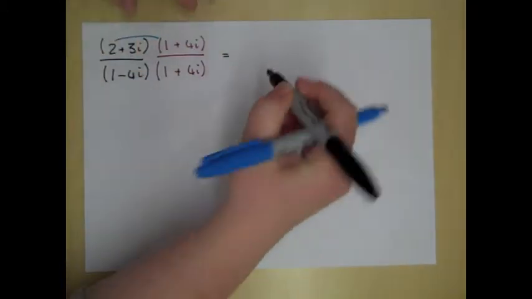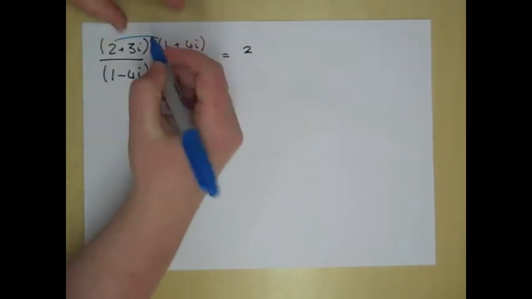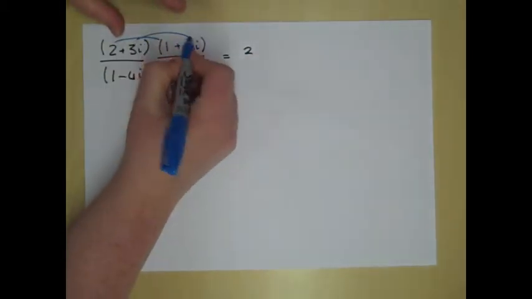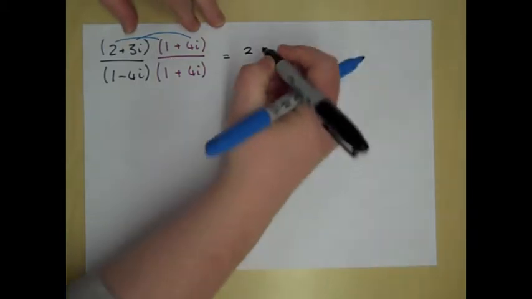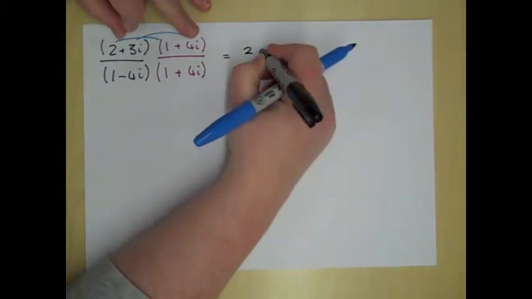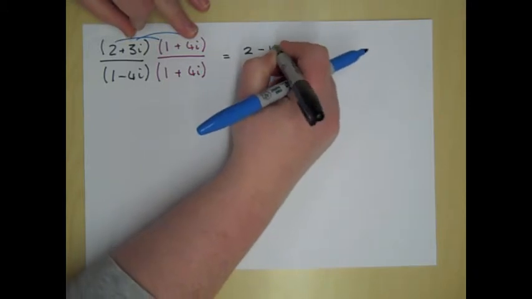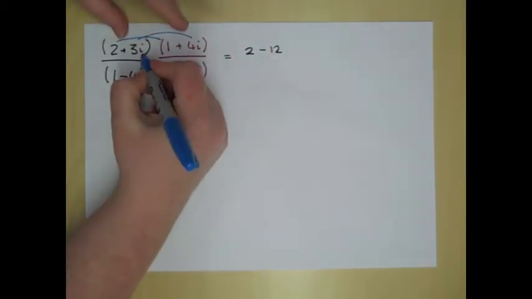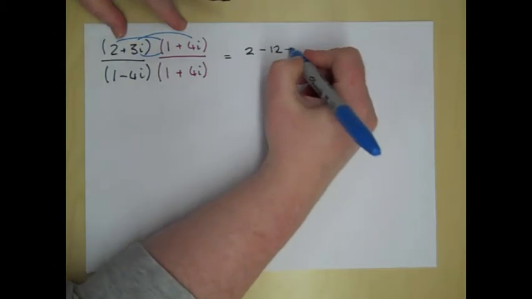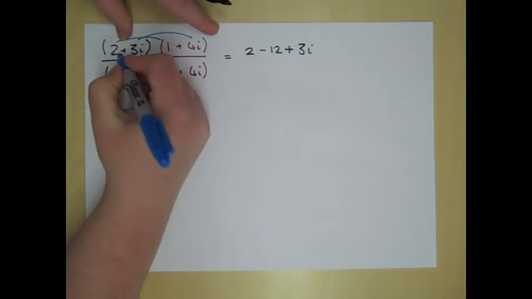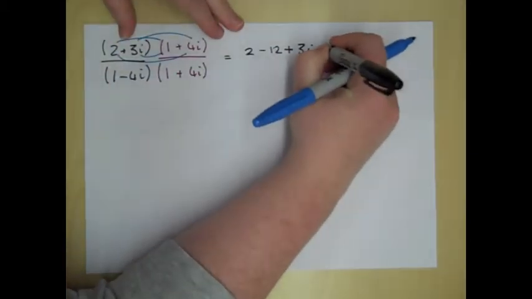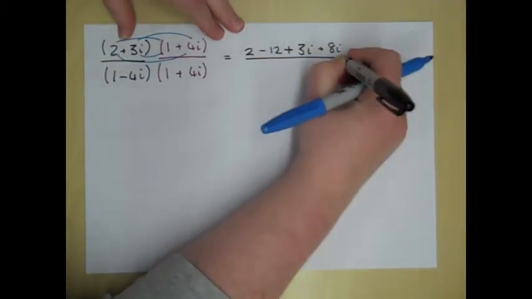I'm going to have 2 multiplied by 1, and then 3i multiplied by -4i, so that is going to be -12i squared. So that's plus 12. And then I'm going to have plus 3i plus 8i. So that's my top.